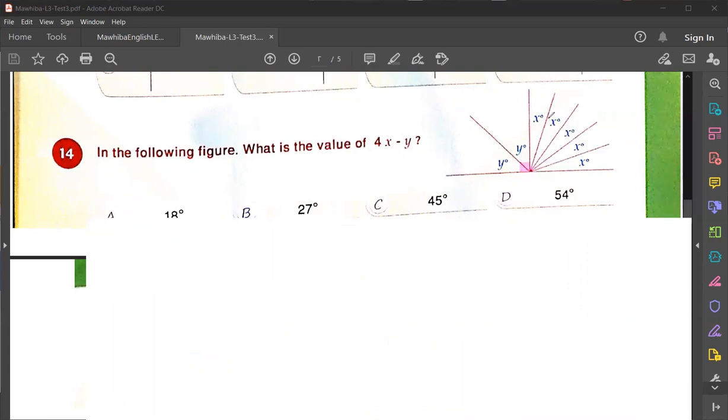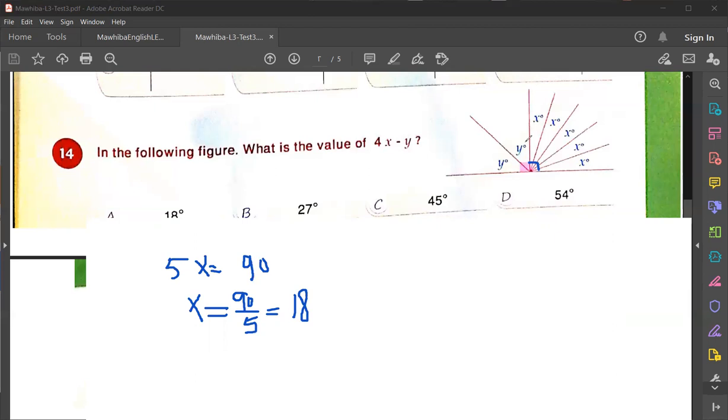Because I have here 5x, so we can write 5x equals the right angle, which equals 90, right? And 90 divided by 5 is 18, right? Then we find x.